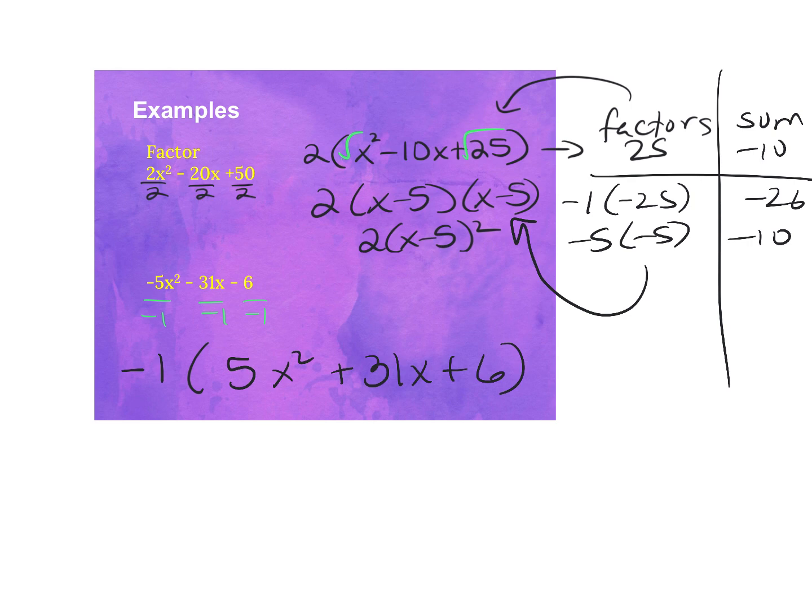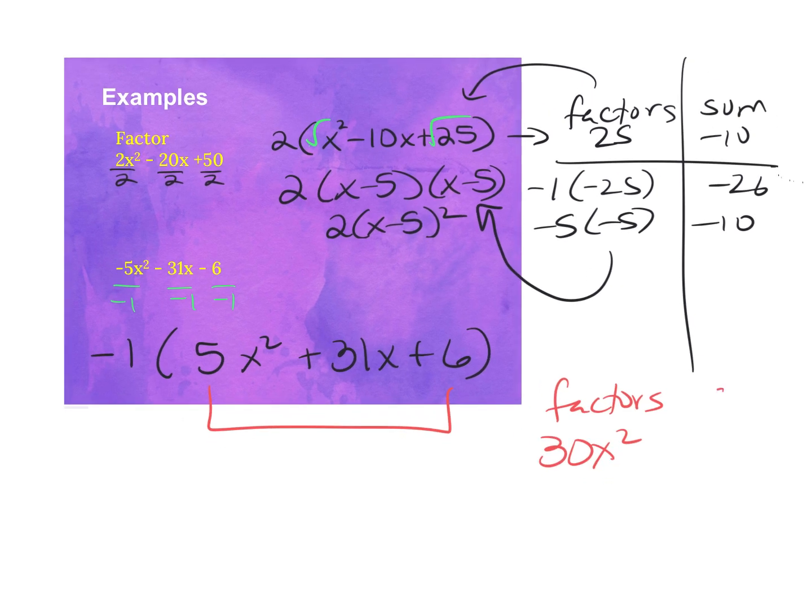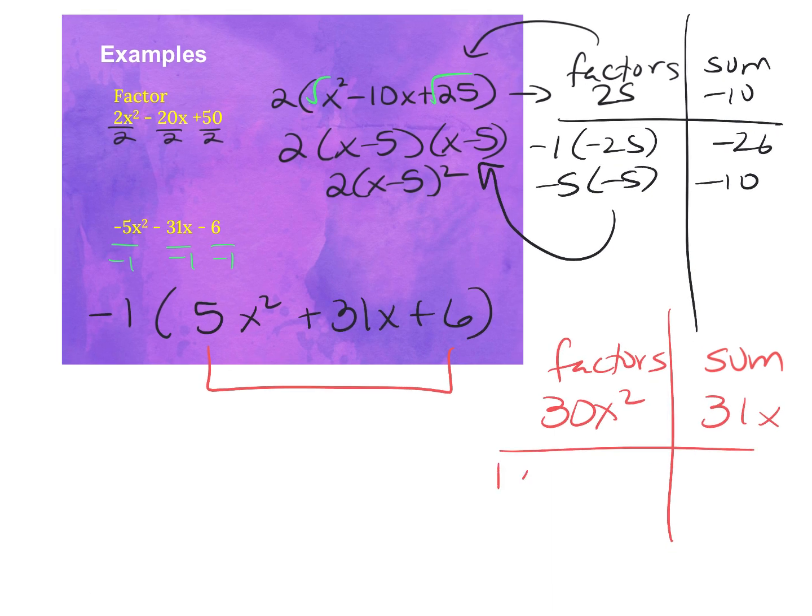So I'm going to multiply the beginning and the end. So factors of 30x squared that sum to give me 31x. And again, the nice and easy obvious. It's just going to be 1x times 30x, because 1 plus 30 gives me 31.